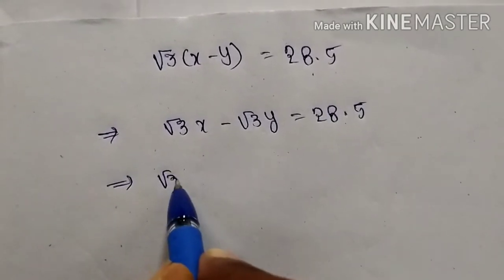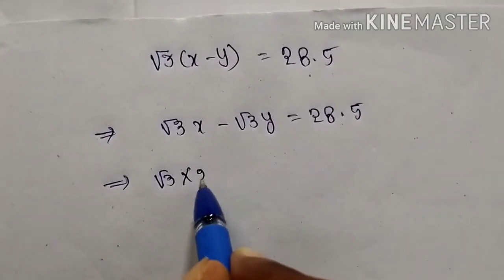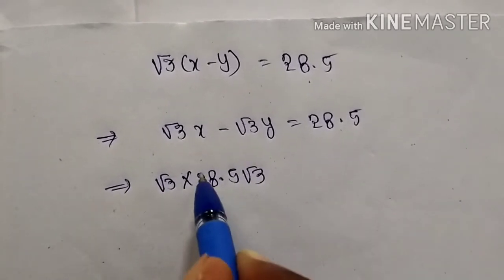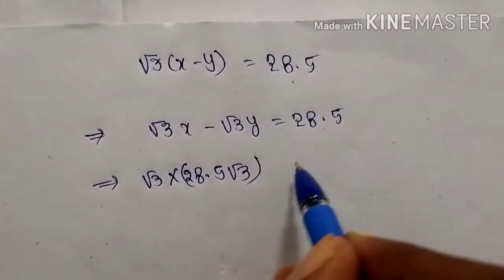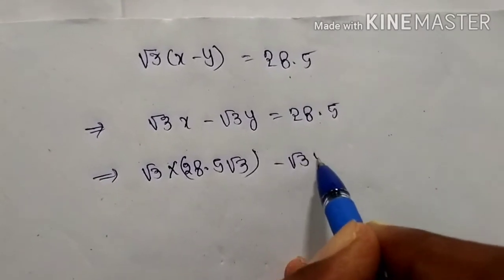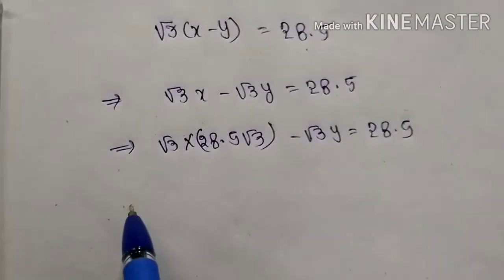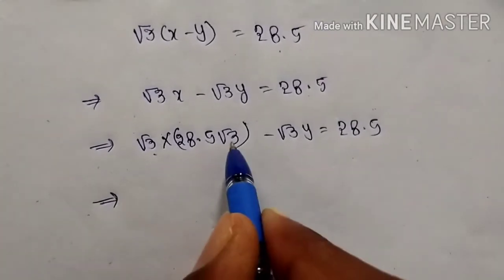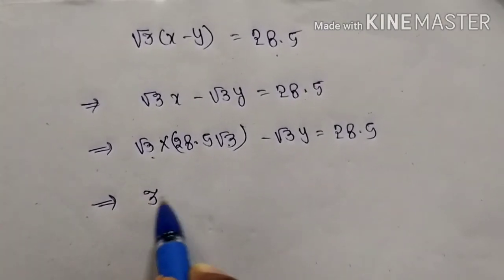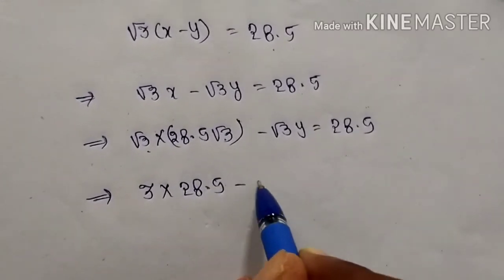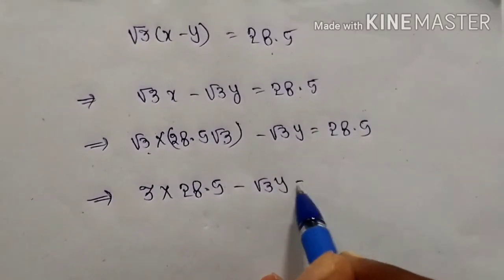That means root 3 into 28.5 root 3, x value, minus root 3y is equal to 28.5. Implies root 3 into root 3 is how much? 3 only. That means can I write 3 into 28.5 minus root 3y is equal to 28.5.